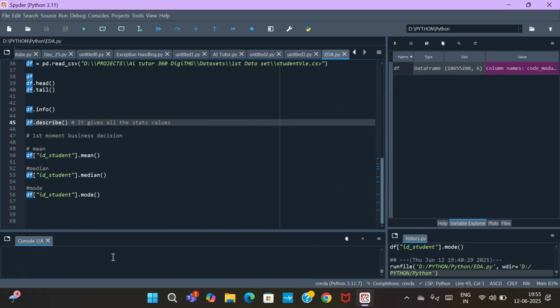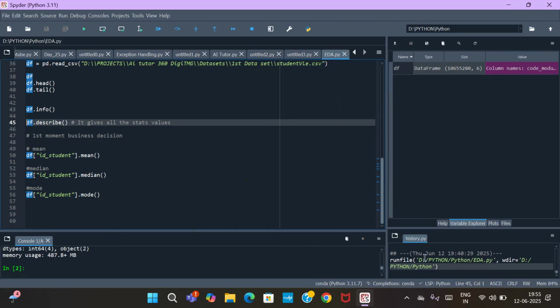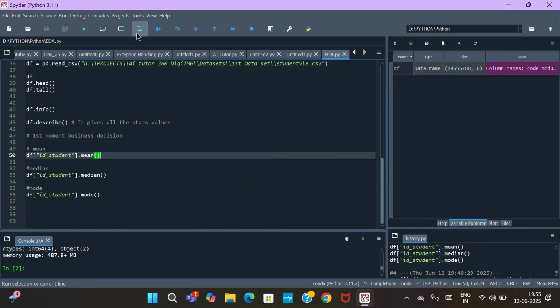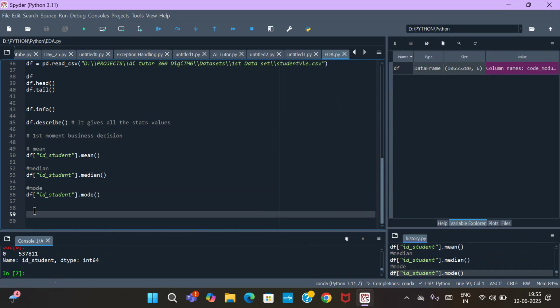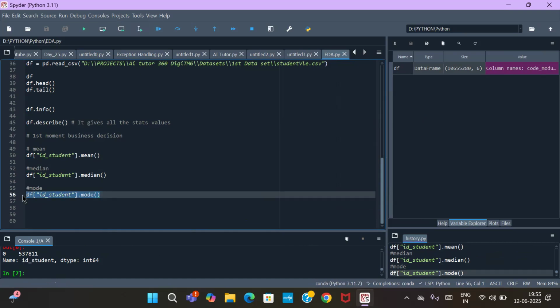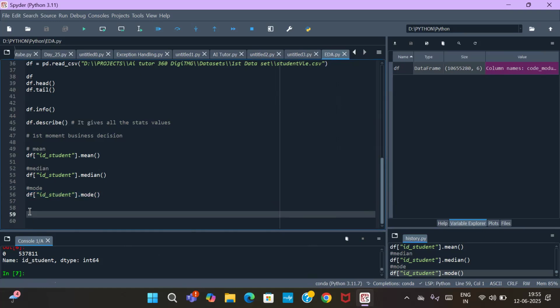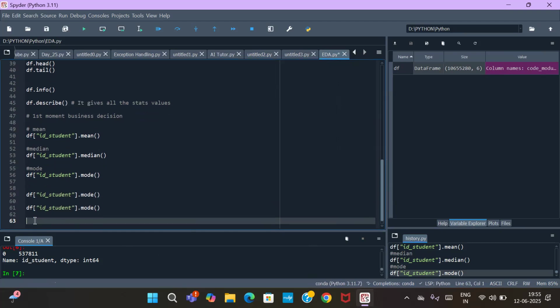I think this is being executed. Yeah. So now I will calculate the standard deviation and variance and range as well. I will create this three times.